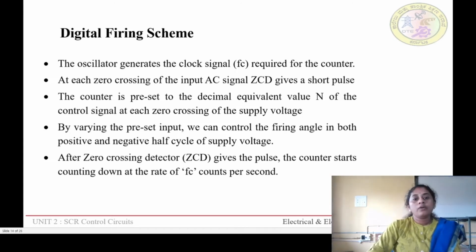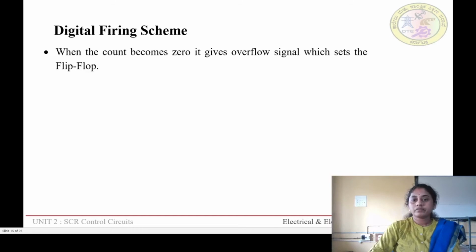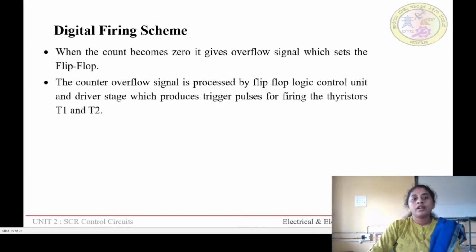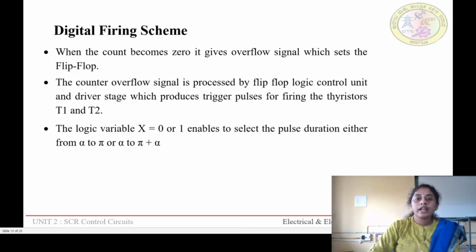Once the counter reaches 0, an overflow signal is triggered, which is then sent to the flip-flop. The counter overflow signal is processed by the flip-flop, and then sent to the logical control unit, and then to the driver stage, which in turn produces the triggering pulses used to trigger the thyristors T1 and T2.